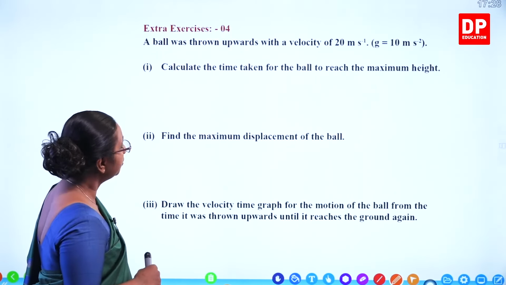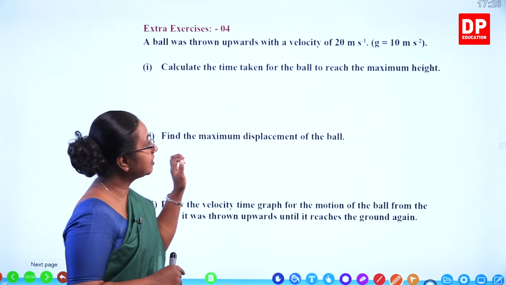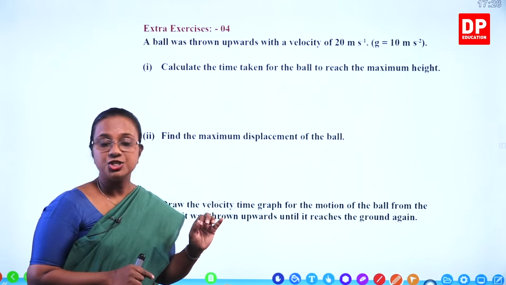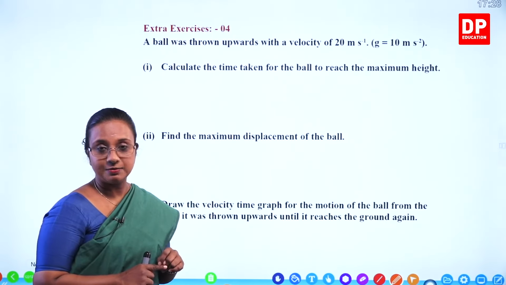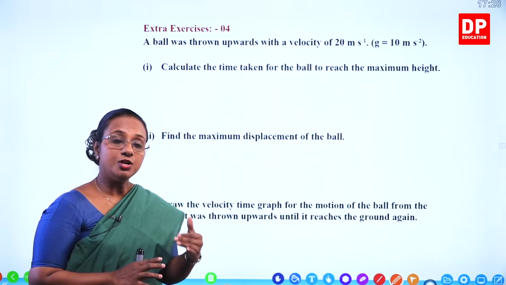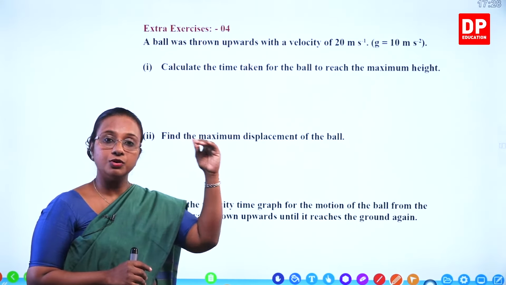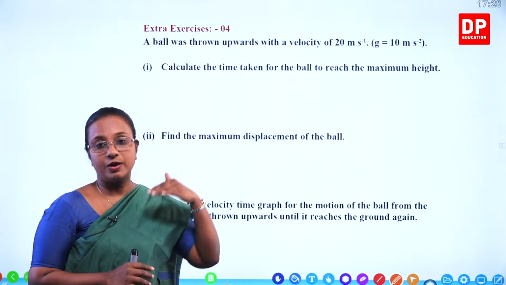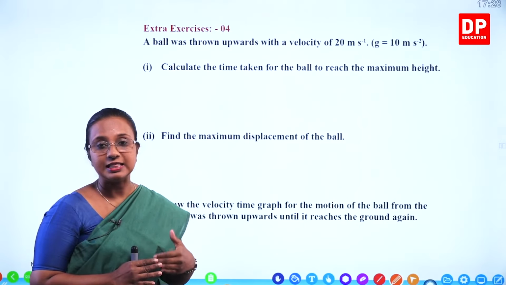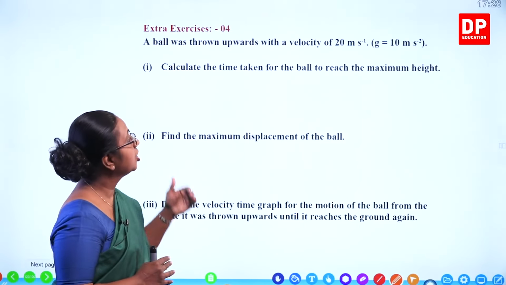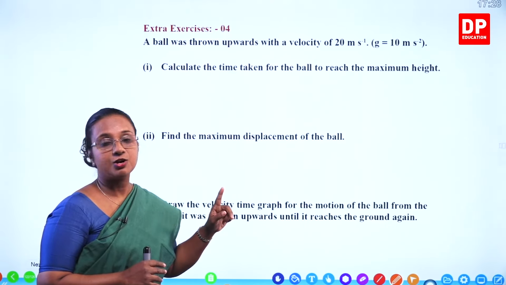So as you know, we know the acceleration. We know acceleration is rate of change of velocity. Initial velocity is given to us 20 meters per second. You all know always an object thrown upwards will reach velocity 0 at the maximum height. So there we know the velocity initial and the final velocity.